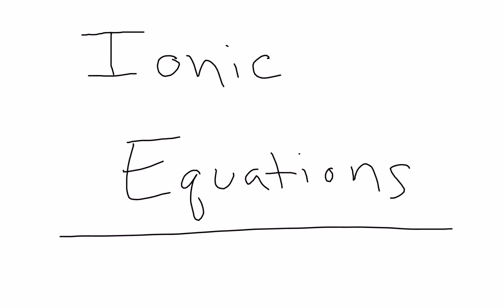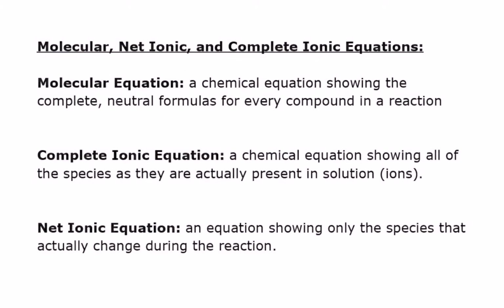So let's begin. We're going to start our discussion on ionic equations. First, let's discuss what each of these actually is: the molecular, the net ionic, and the complete ionic. Molecular equations are chemical equations that show the complete neutral formulas for every compound in a reaction.